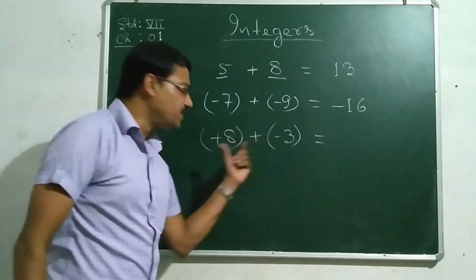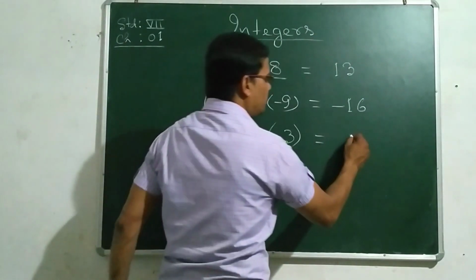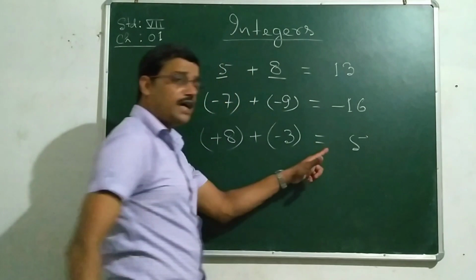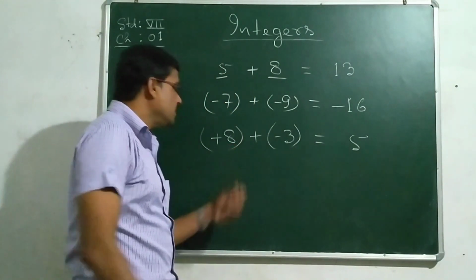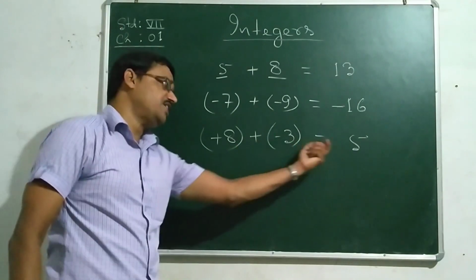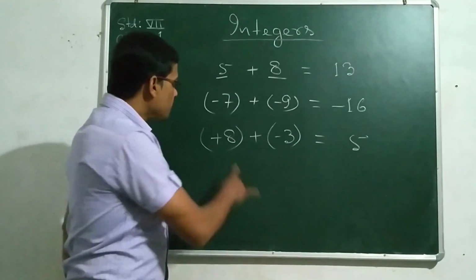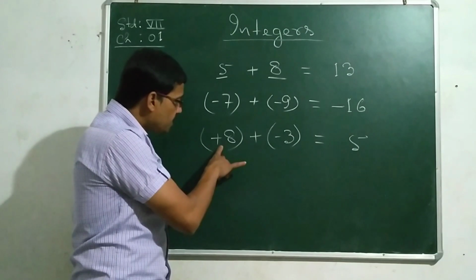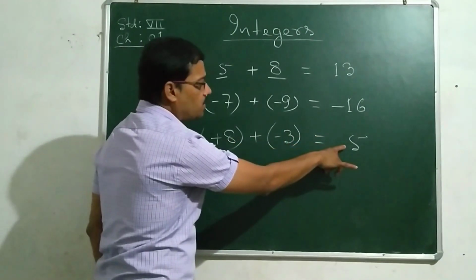What is the actual difference? 8 and 3. The difference between both the numbers is 5, but whichever number is greater, its sign will remain with the result. So 8 is greater than 3, there will be a positive sign.